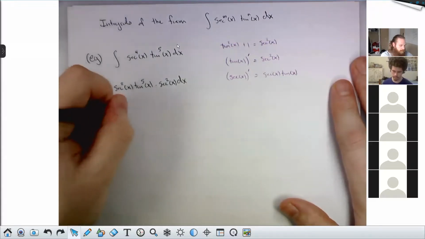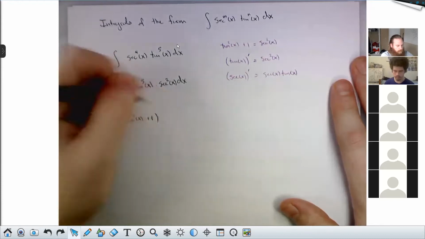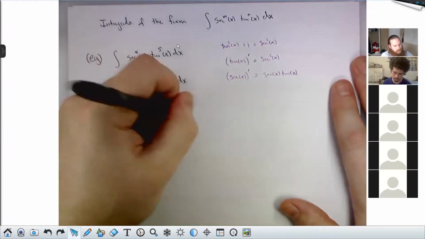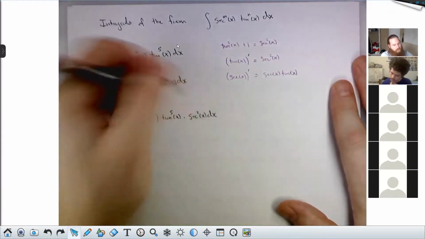Secant squared, that's tan squared x plus 1. So I'll have tan squared x plus 1 times tan to the 5th times secant squared x dx.